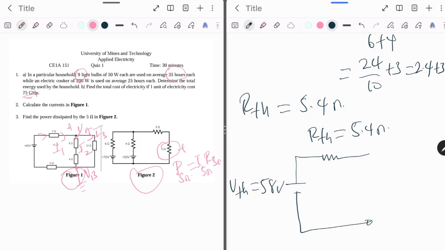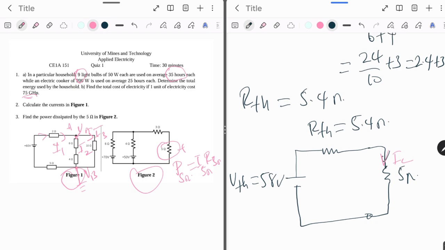Once we've indicated our equivalent circuit here, we connect the load, which is what? 5 ohms. Okay, connect this. Then we try and get the load current, which is IL.